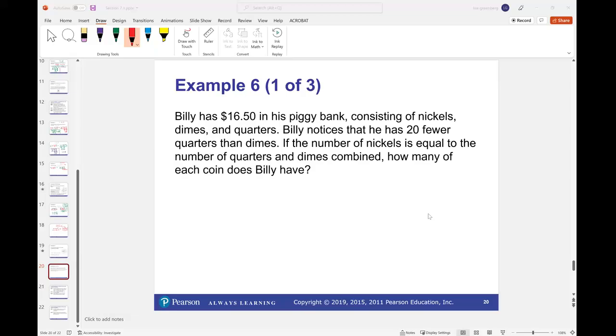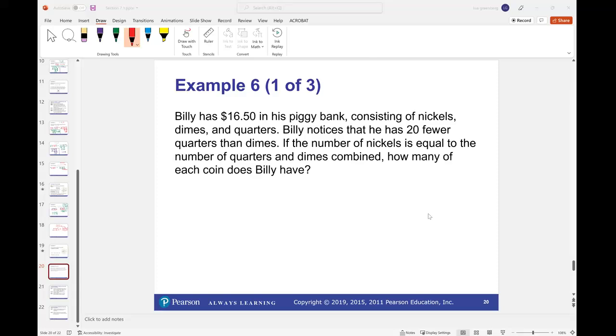Okay, so we know that if we add the nickels, dimes, and quarters together, we get $16.50. Billy notices that he has 20 fewer quarters than dimes. So he has more dimes than quarters, right?